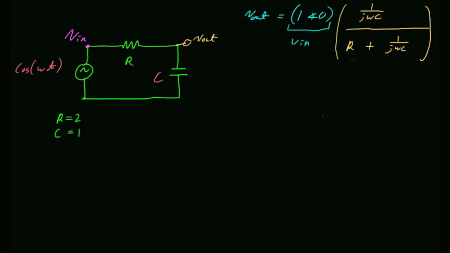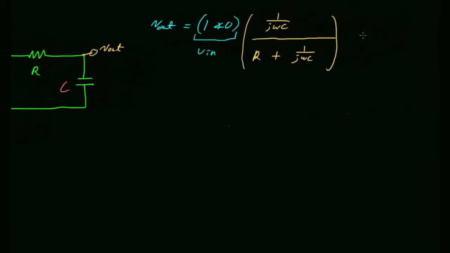All right. Now we just got to do math. Now we just have to convert this into a single phasor with one magnitude and one phase. So the first thing I want to do is multiply numerator and denominator by j omega C. This is the standard trick. I'm just multiplying by 1. j omega C over j omega C is equal to 1, so that shouldn't change anything.